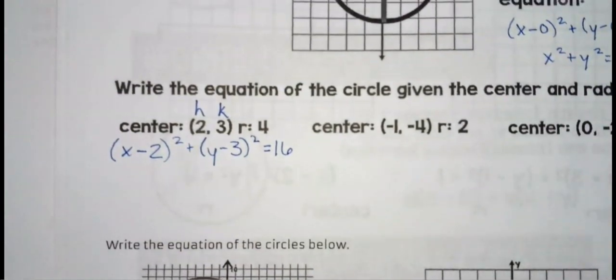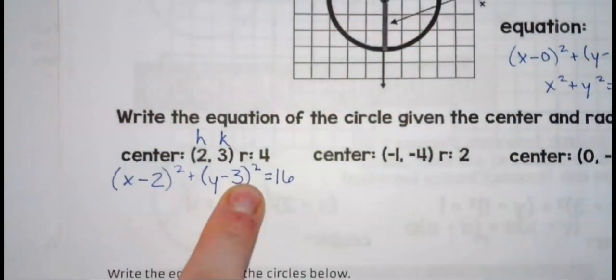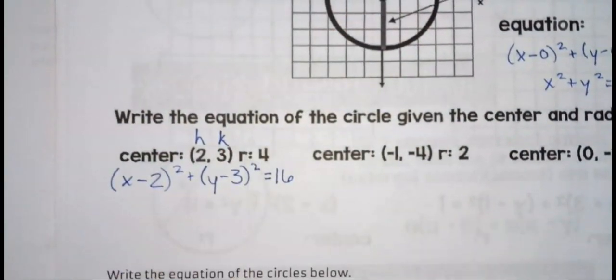So what is this? This is just like graphing a line where it's y equals mx plus b, except for this, you are graphing a circle. So if you put this in the calculator and you graphed it, you would get a circle. All we're doing is graphing a circle today.